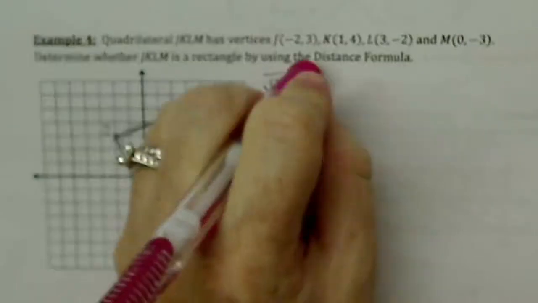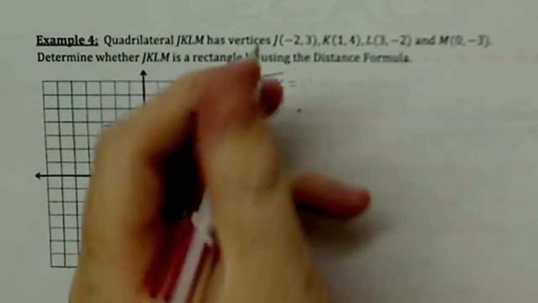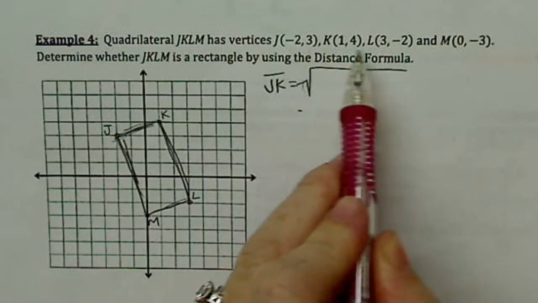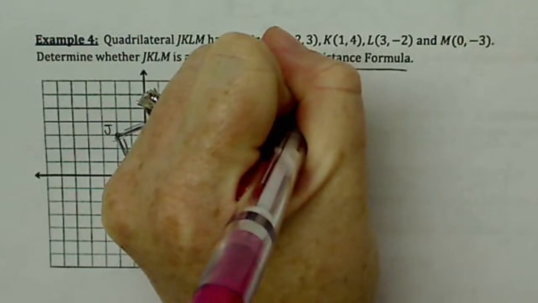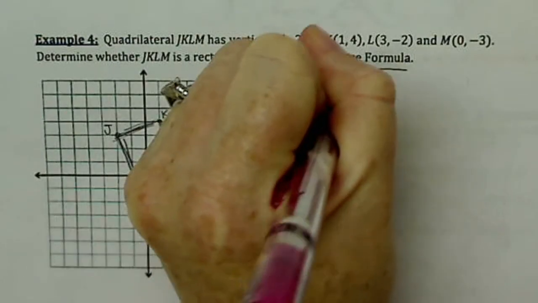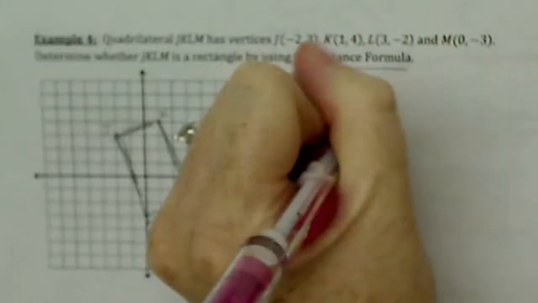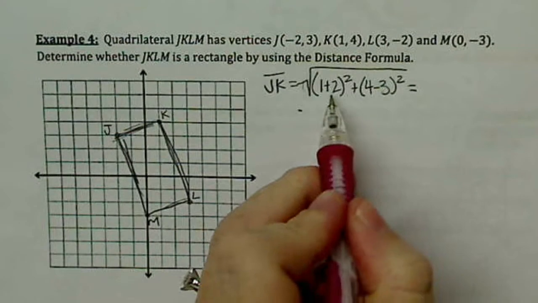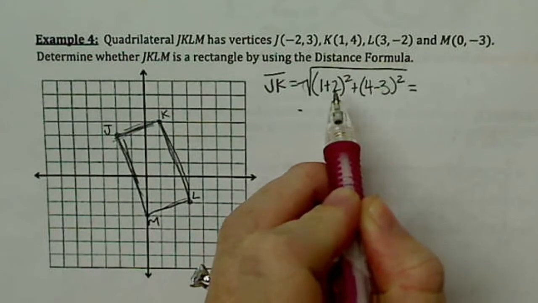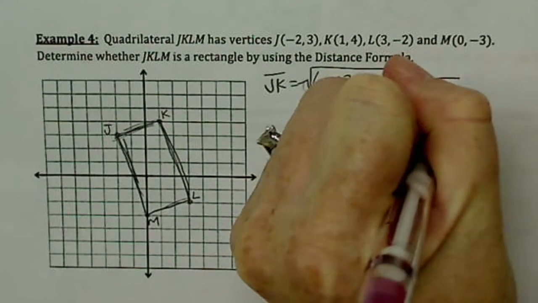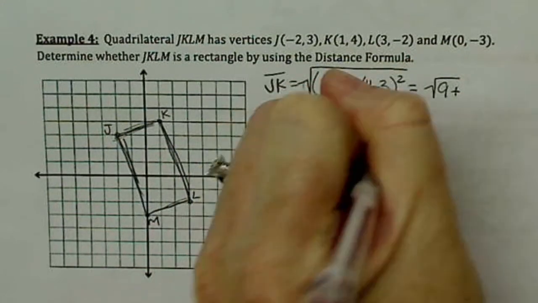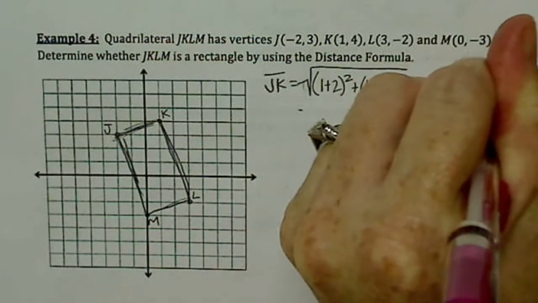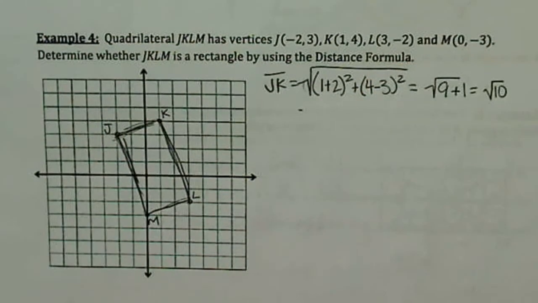The distance of JK, square root, and you can just use your points up here. You take your x's, square them, and your y's, square them. 1 plus 2 is 3. 3 squared is 9. 4 minus 3, 1 squared, 1, square root of 10.